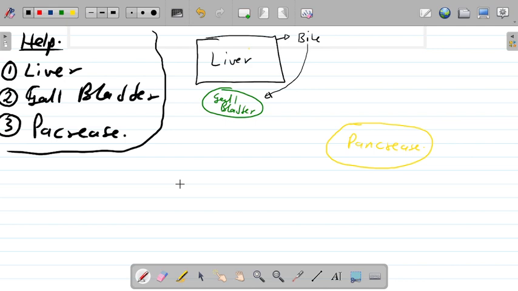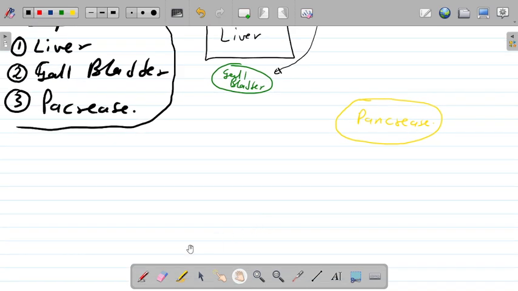We'll get to that. So, where is this bile created? It is created in the liver and stored in the gallbladder.